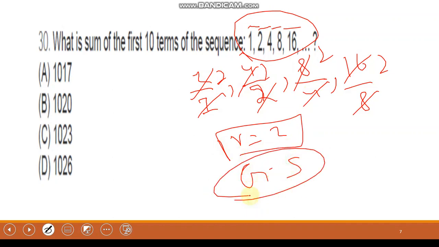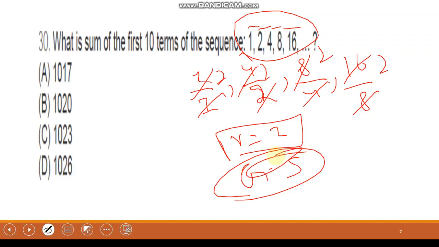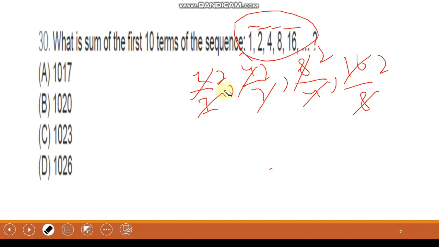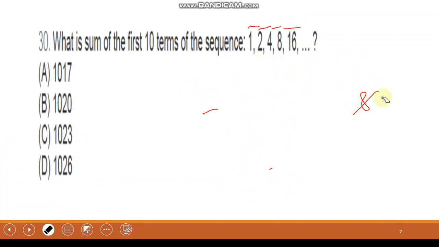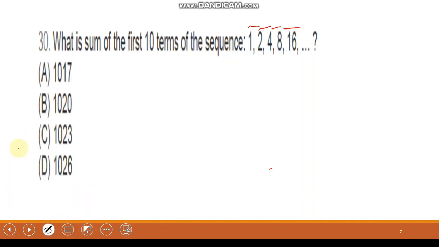Now we have a formula which we are going to use in order to find the value. What is that formula?